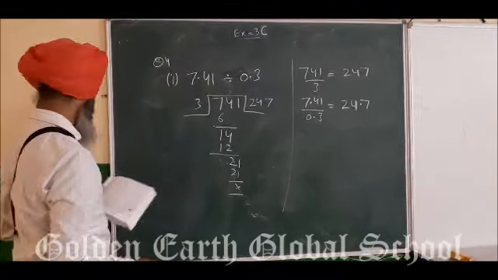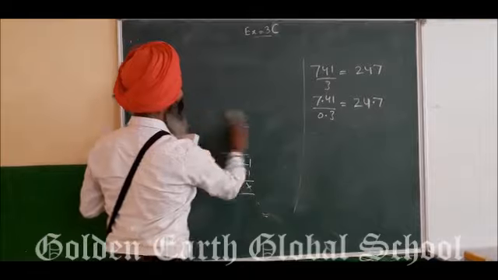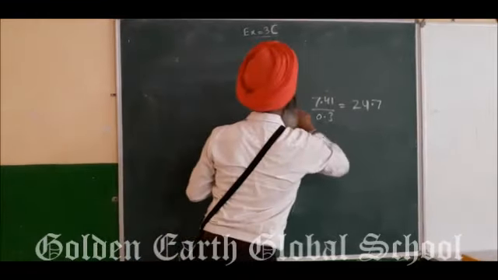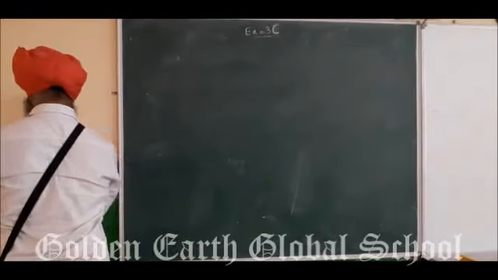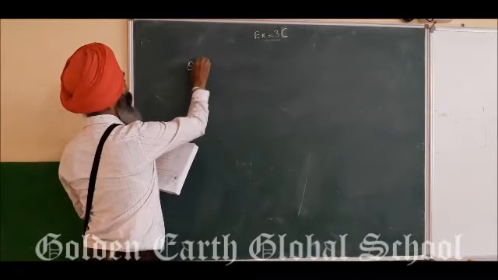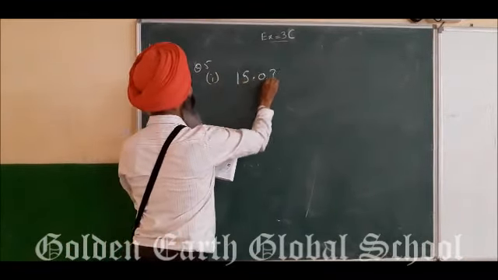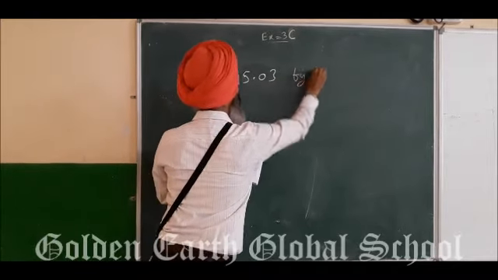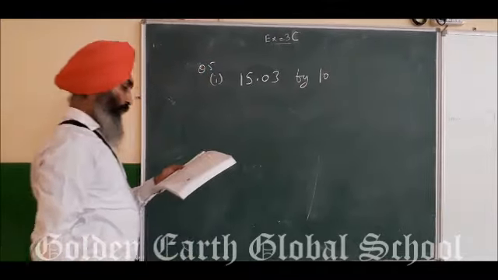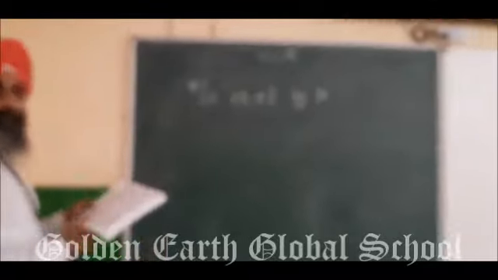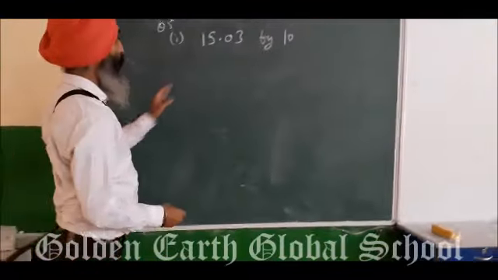So in the next part, we have the fifth question in which we have to divide a decimal number by 10, in which the number given is 15.03, and we have to divide by 10 or 100 or 1000. These are the 5th, 6th and 7th questions. So how to divide by 10?